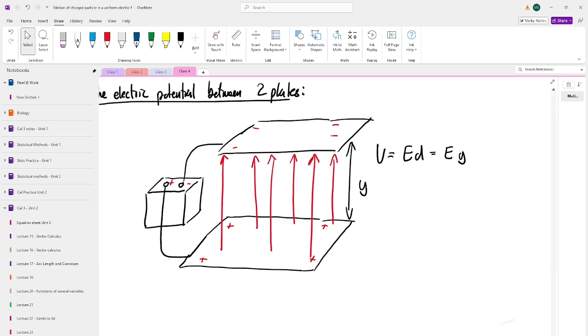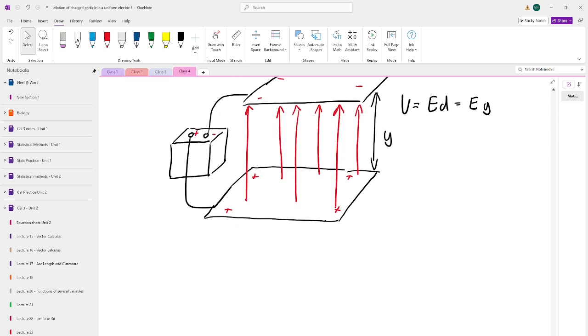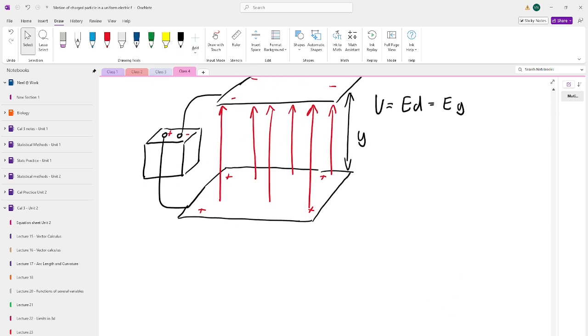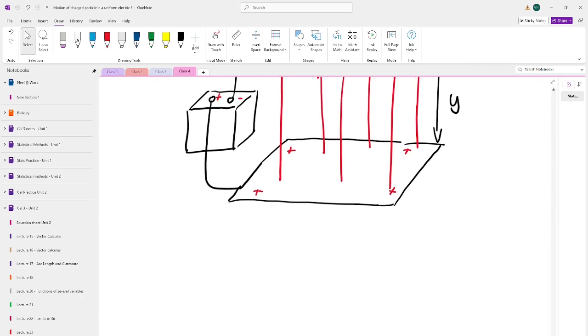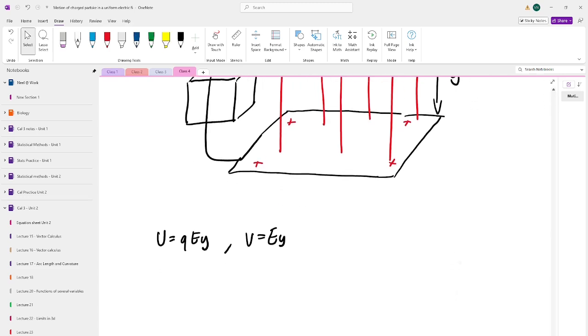So in other words, because we're in between two plates with a constant electric field, we can come up with the following equation. So, we know that U is equal to QEY, and then also we know that V is equal to EY, right, from this scenario right here.